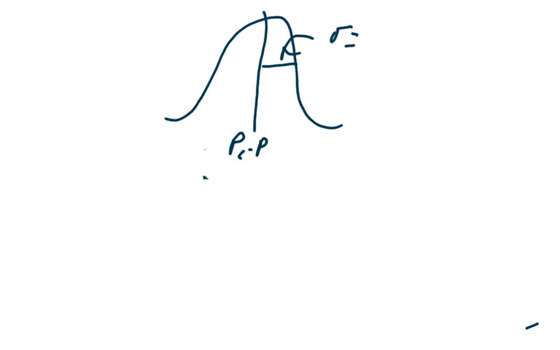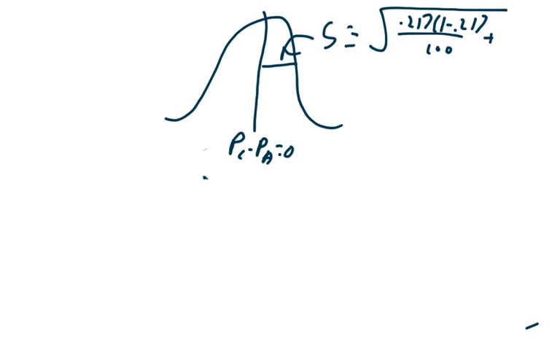PC minus PA equals 0, and S is equal to 0.217 times 1 minus 0.217 over 100 plus 0.217 times 1 minus 0.217 over 200. And so we got 0.05 as our answer for the approximate standard deviation.